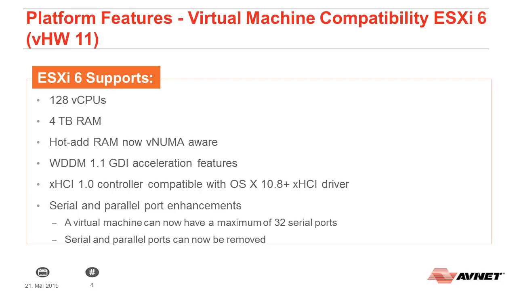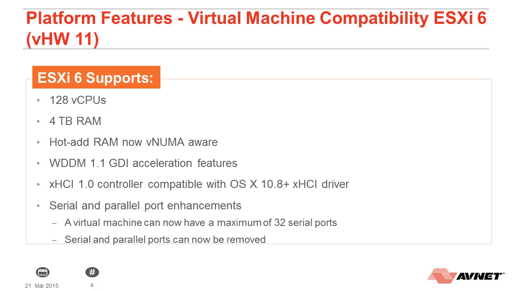Specific to what we can do with virtual machines, some of the new features here in ESXi 6. We already mentioned the increase in virtual machine CPU and memory capacity. We also now have the ability to do virtual NUMA-aware hot adding of memory.